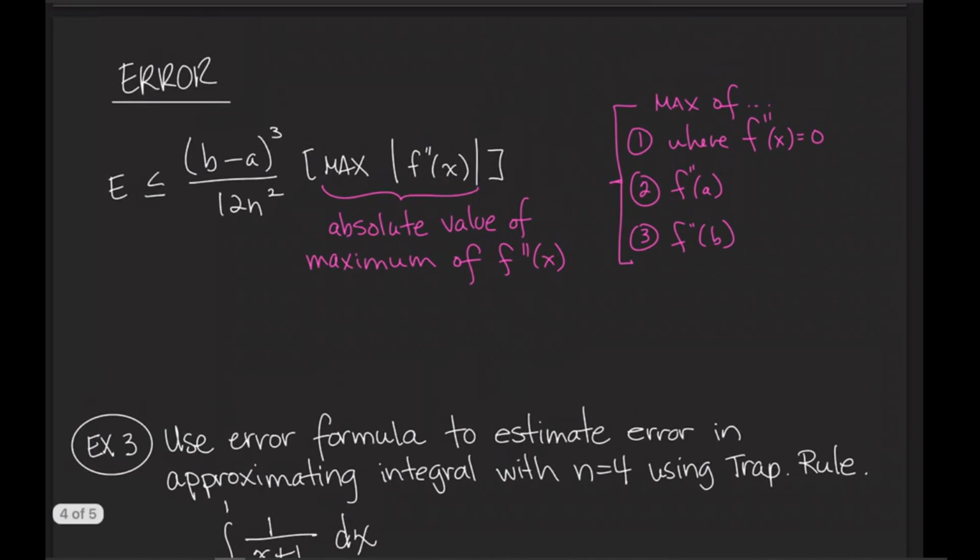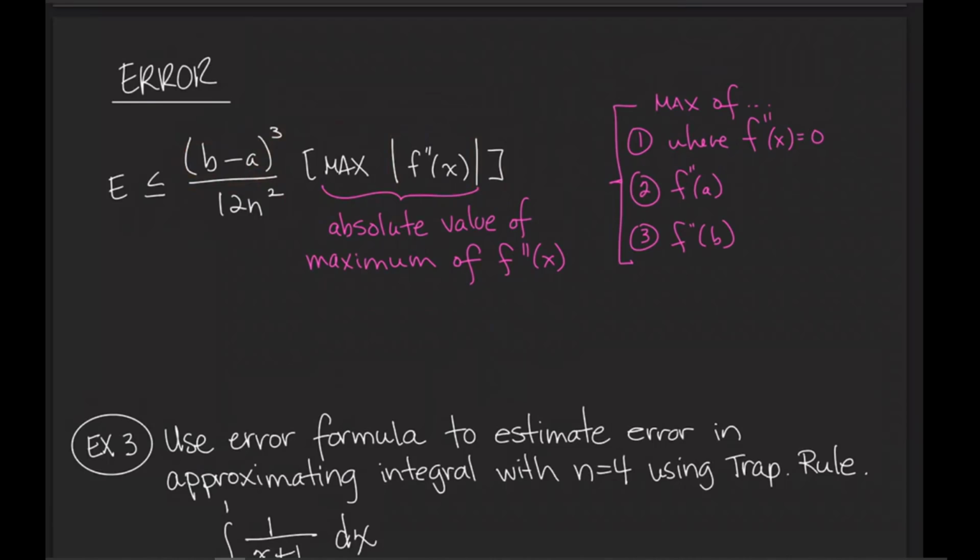So the error formula says that we want the error to be less than or equal to (b minus a) cubed, so that interval length cubed, divided by 12 times n squared. Pretty straightforward. Then you have this gobbledygook here. All that says is it's the absolute value of the maximum of the second derivative.